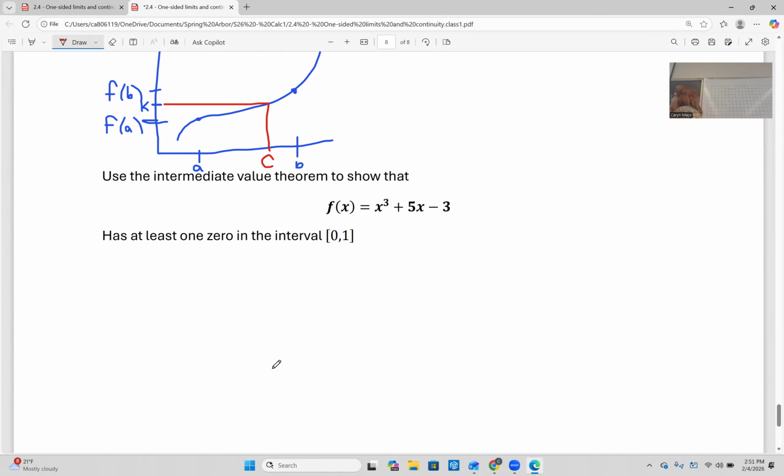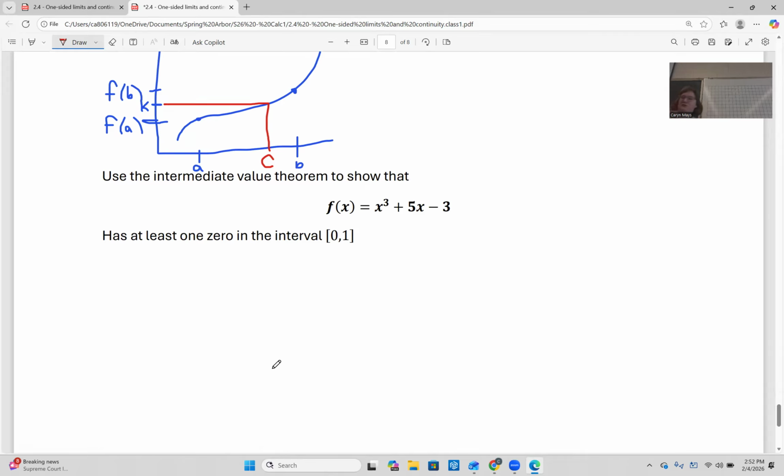So, like this cubic, x cubed plus 5x minus 3. Like the quadratic formula, there is a cubic formula. It's disgusting. So we don't ever deal with a cubic formula, but we want to know if there's a solution of f of x equals x cubed plus 5x minus 3 between 0 and 1.